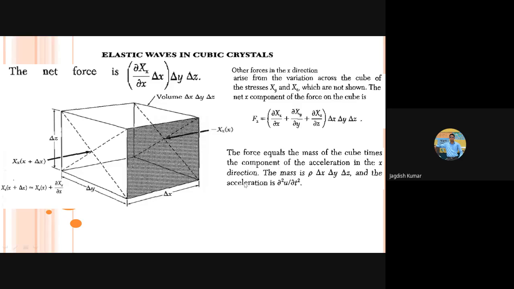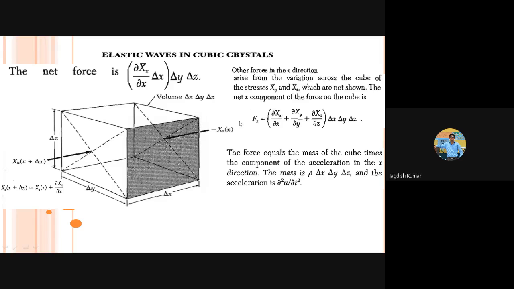And what is acceleration along x direction? Let us assume u is representing displacement along x direction. So what is the acceleration? Del square u over del t square. If u is the displacement along x direction, then the acceleration will be del square u over del t square.